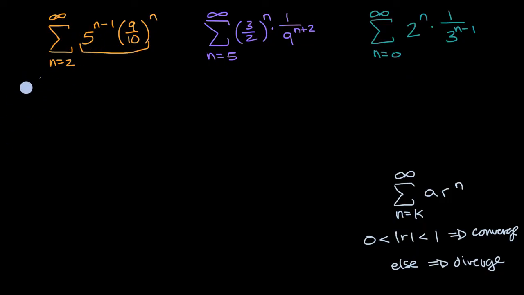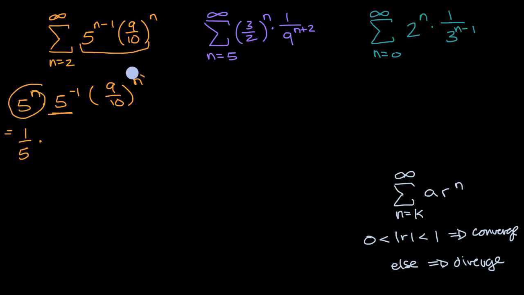I can rewrite 5 to the n minus 1 as 5 to the n times 5 to the negative 1, and then that's times 9/10 to the n. I can write this as 1/5, which is the same thing as 5 to the negative 1, times 5 to the n and 9/10 to the n.